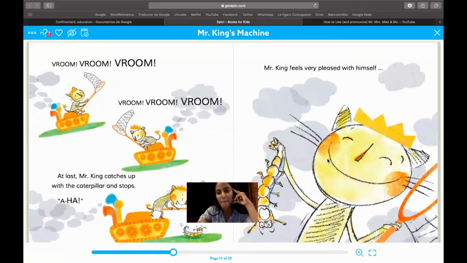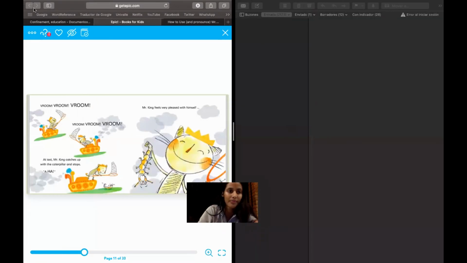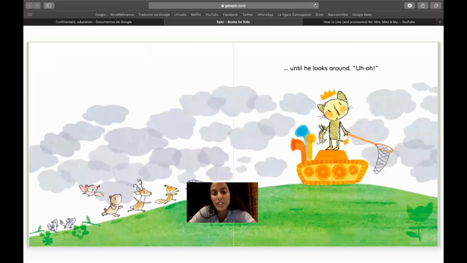And Mr. King feels pleased with himself. He feels pleased with himself. Okay. Until he looks around. He looks around. So to look around is like checking what is in the perimeter. He looks around.